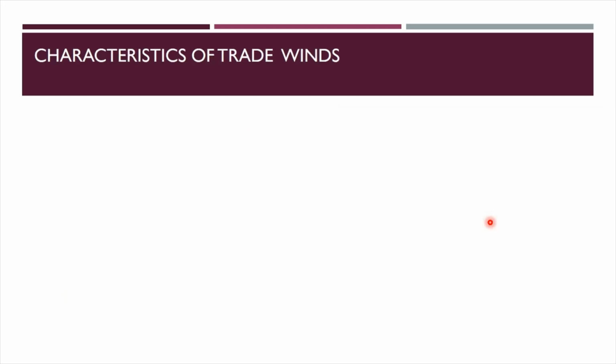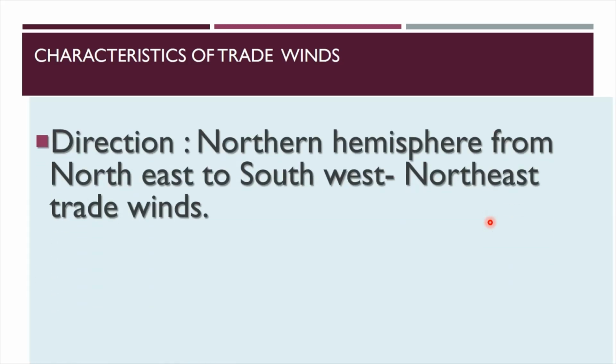Okay, let's see the next characteristics of trade winds. We already discussed the direction in the northern hemisphere and southern hemisphere. In the northern hemisphere, it comes from northeast to southwest. Remember that whichever direction it starts from, the name is taken from it. It is starting from the northeast, so the name of the trade wind is northeast trade winds.